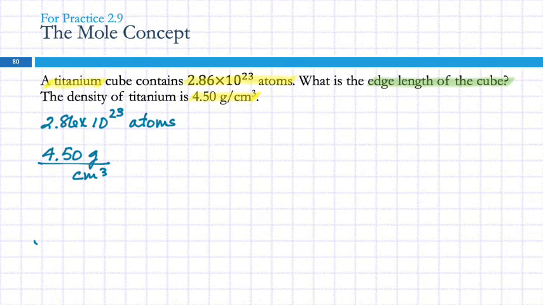And if it bothers us that there isn't a number there, it would be a 1. And then over here, I'm trying to get to the edge length. Well, what kind of a unit might that be? It didn't specify. Centimeters, right? So centimeters would probably be good. What do we know about the relationship of an edge length of a cube to anything else about a cube?